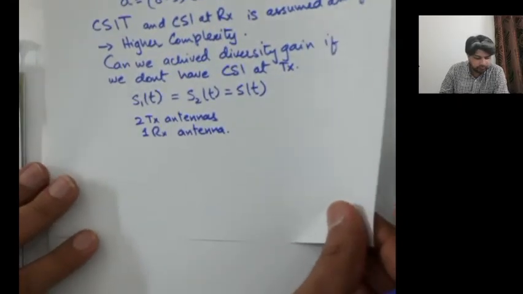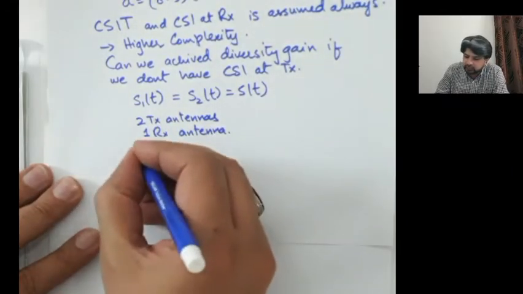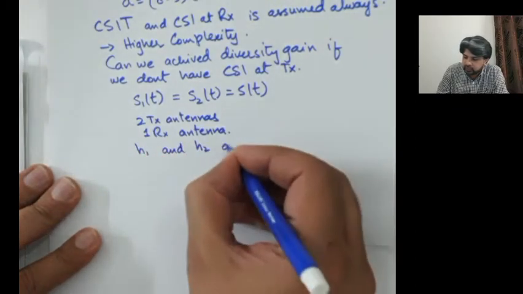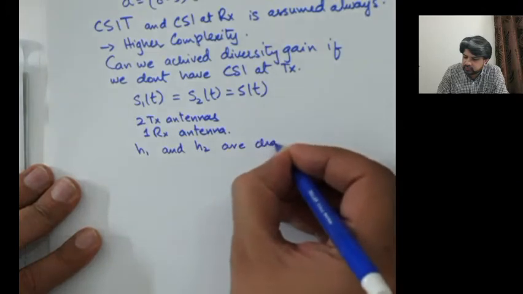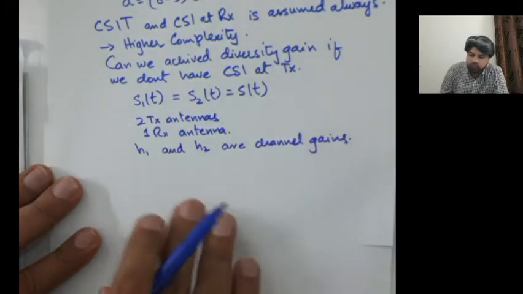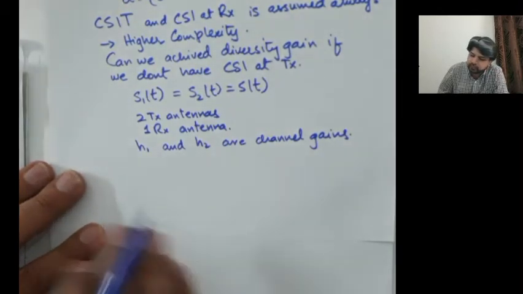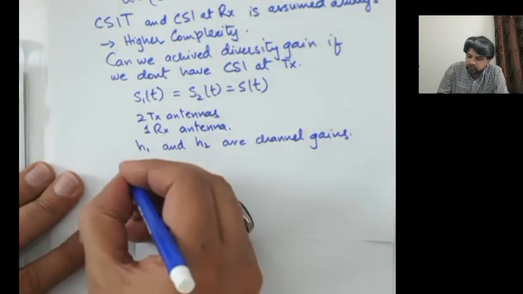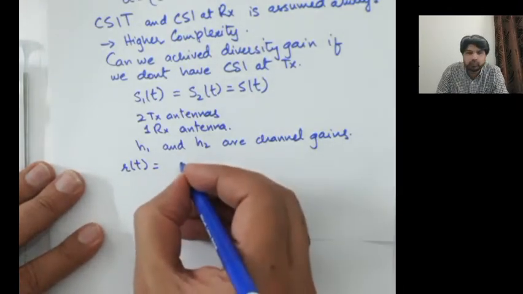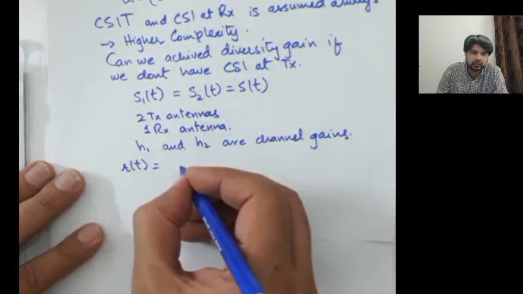So if say H1 and H2 are the channel gains, then what would be the received signal? Your received signal R of t would be equal to, so you would put one half of the energy in channel 1 and one half of the energy in channel 2.